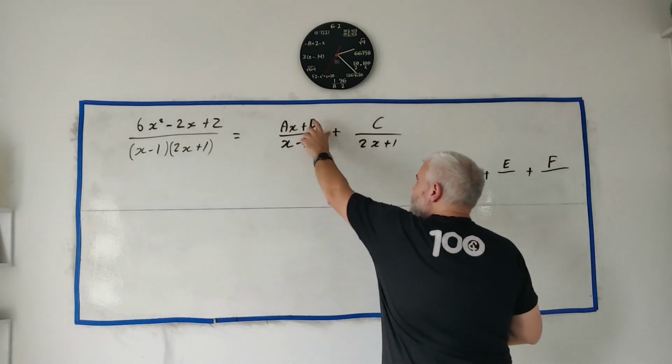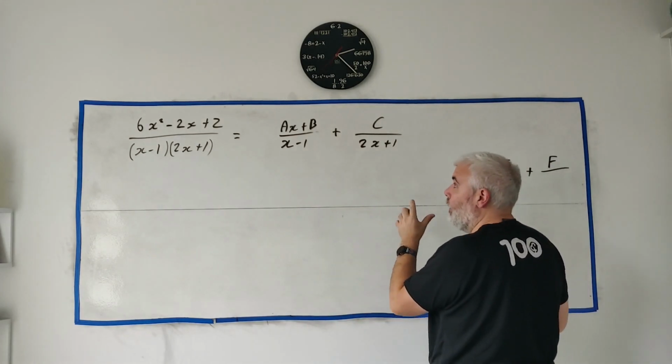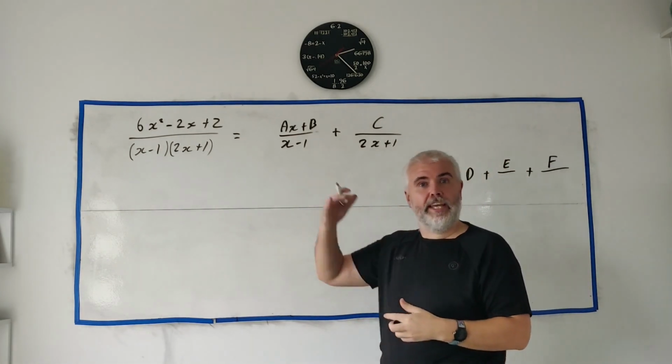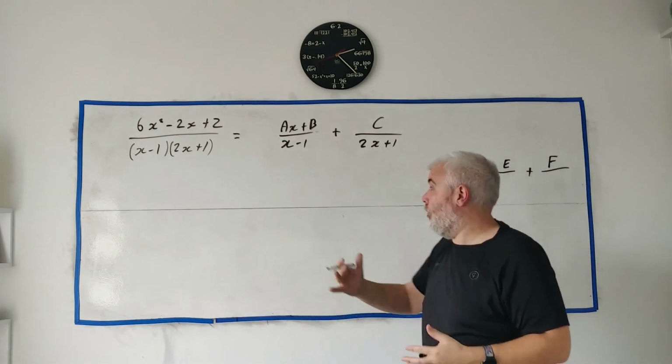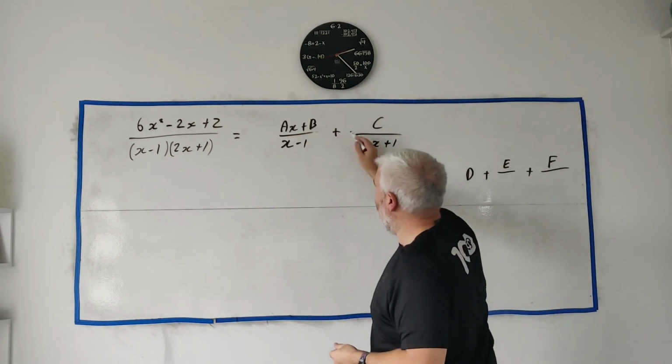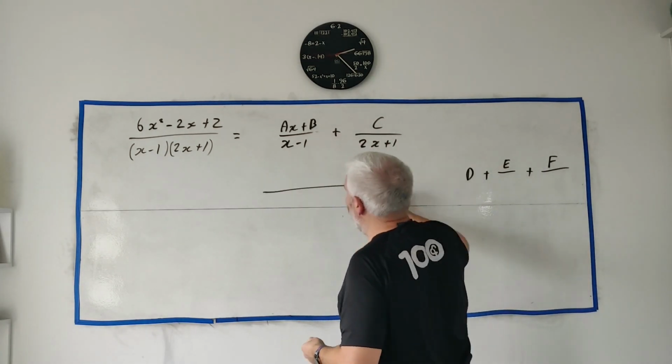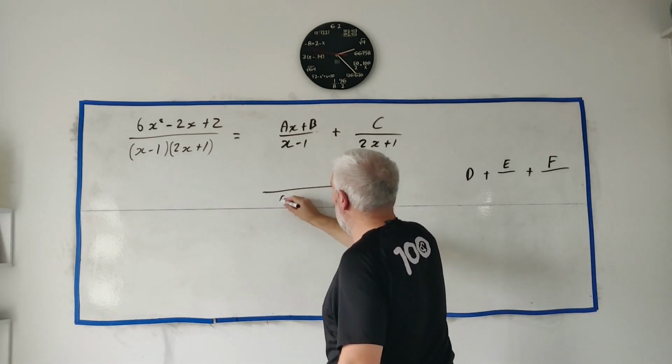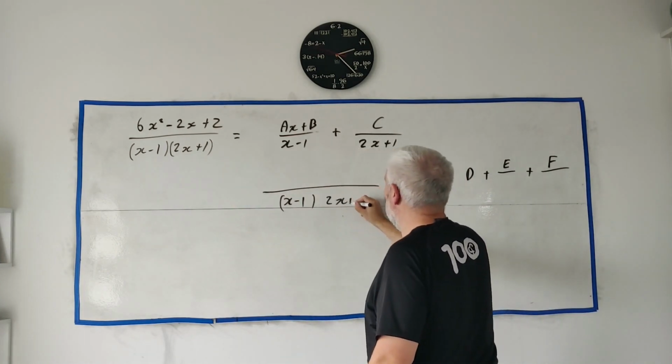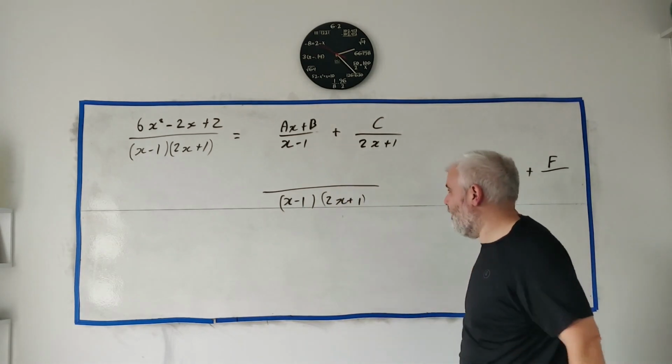So if we cross multiply this, as I was saying, we then just equate all the x squareds, all the x's, all the numbers. So think about cross multiplying here. The bottom row will just get back to where we were, 2x plus 1. You wouldn't have to write that in.